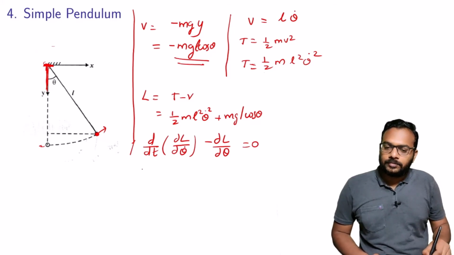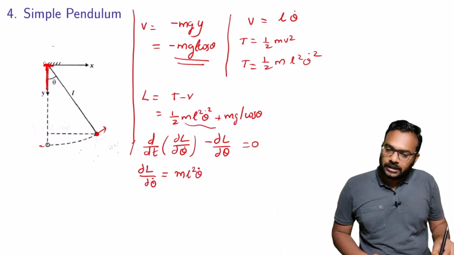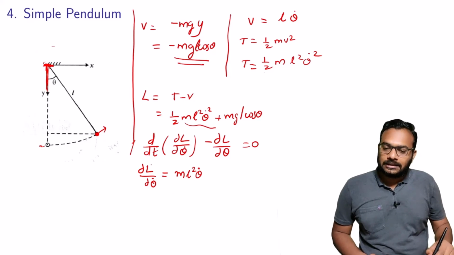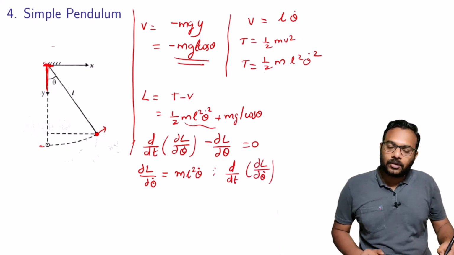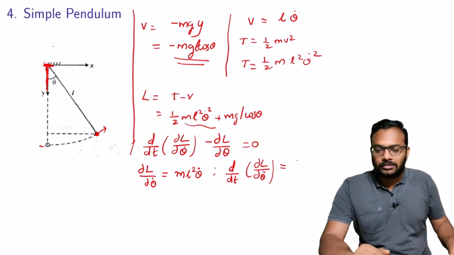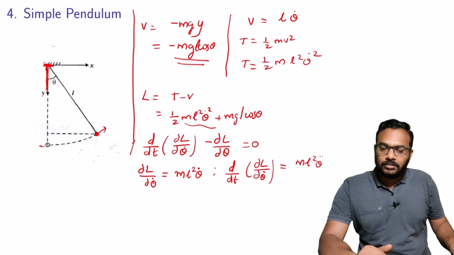Taking the derivative with respect to theta dot, it is m L squared theta dot. Taking d by dt of that, since L is a constant, this becomes m L squared theta double dot.